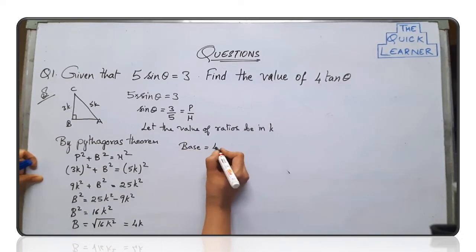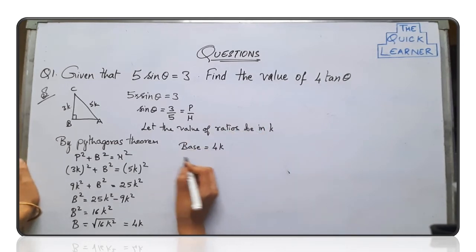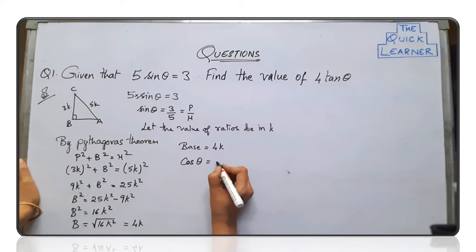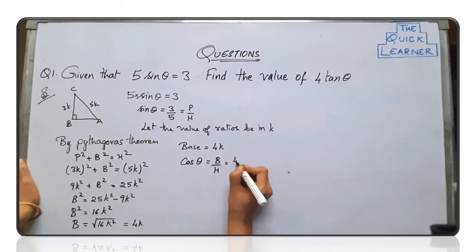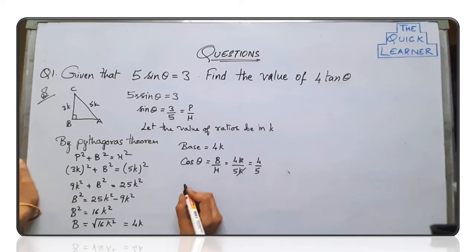So here your base is equal to 4k. When you write it in the ratio, for example, if we are finding cos theta, cos theta is equal to base by hypotenuse. Base is 4k and hypotenuse is 5k. So k and k get cancelled. The ratio that you got is 4 by 5. Now, here you have been asked for 4 tan theta.